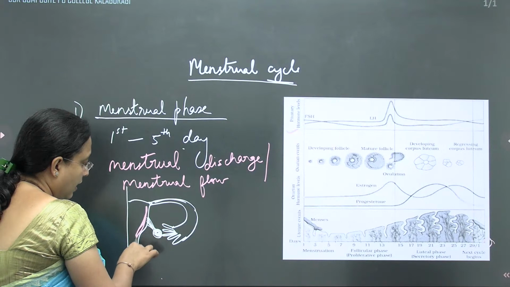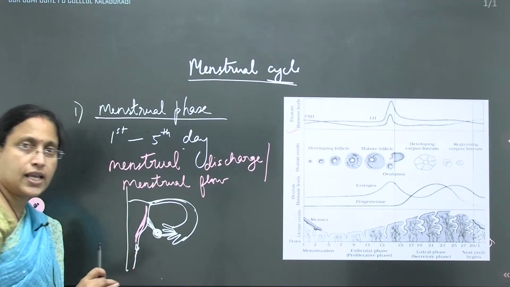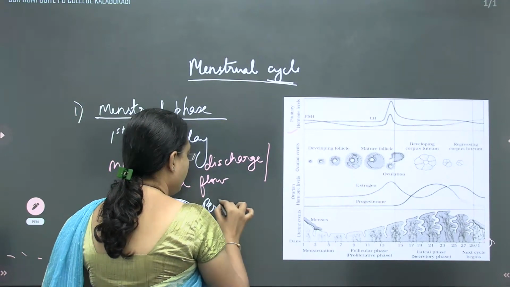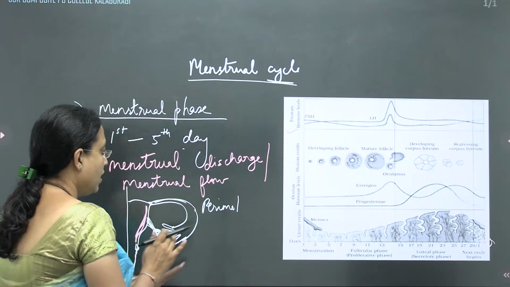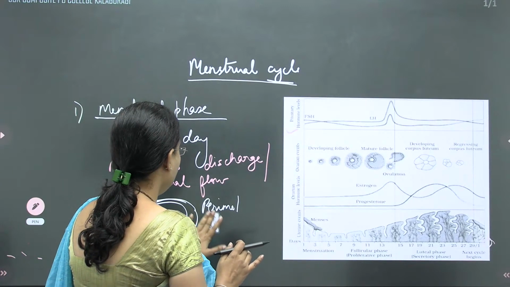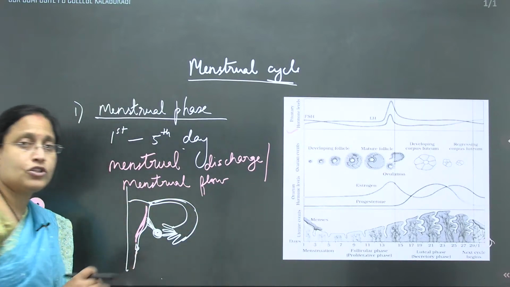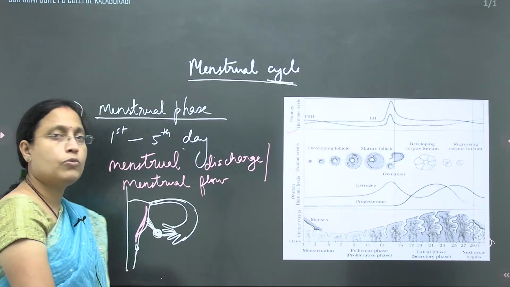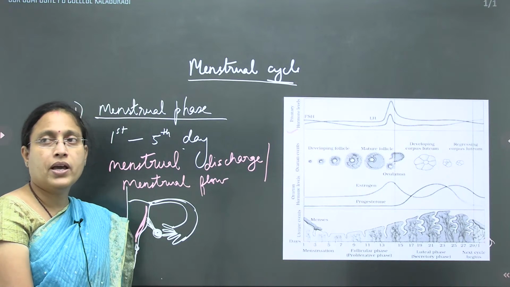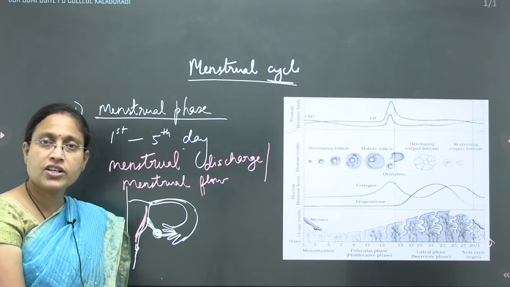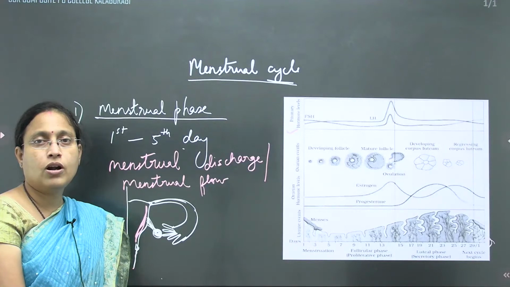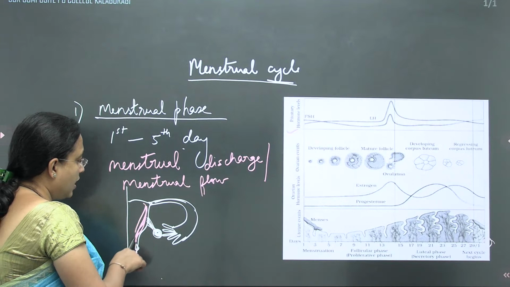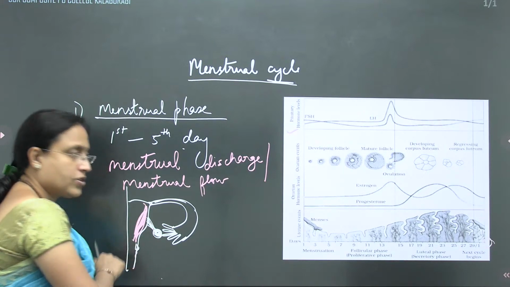The wall of the uterus has 3 layers: the outermost is called perimetrium, the middle one is called myometrium, and the innermost is called endometrium.